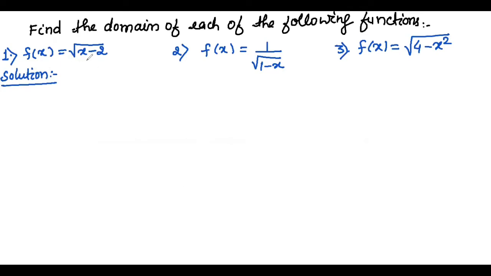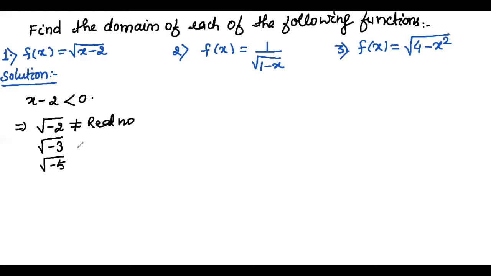So here if we will apply x - 2 less than 0, means if I am applying root over -2 or root over -3 or root over -5, means negative inside the square root, we know that these all are not real numbers.